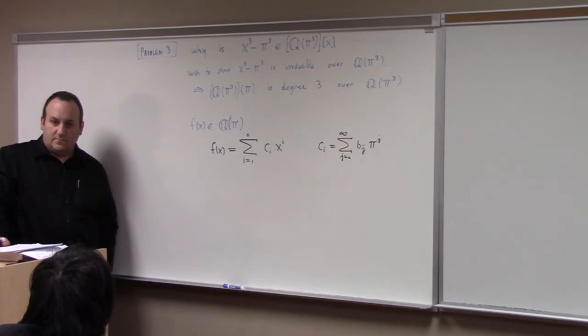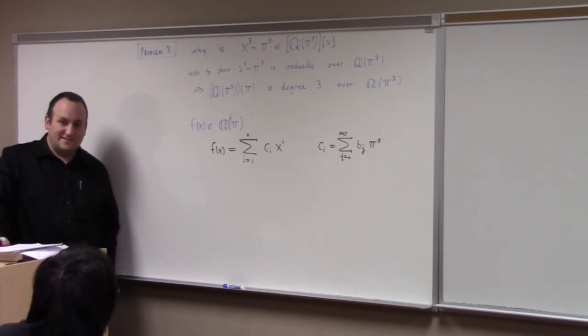If the adjoined element is transcendental, then we don't take finite sums of the powers of the element. We have to allow for infinite sums. They don't have to all be non-zero, but we have to allow for possibly. It could be that b_ij is 1 for all i, j. That's possible. That is an element in Q adjoin pi. There's no notion of convergence in Q adjoin pi. It's what you might call formal power series in pi.